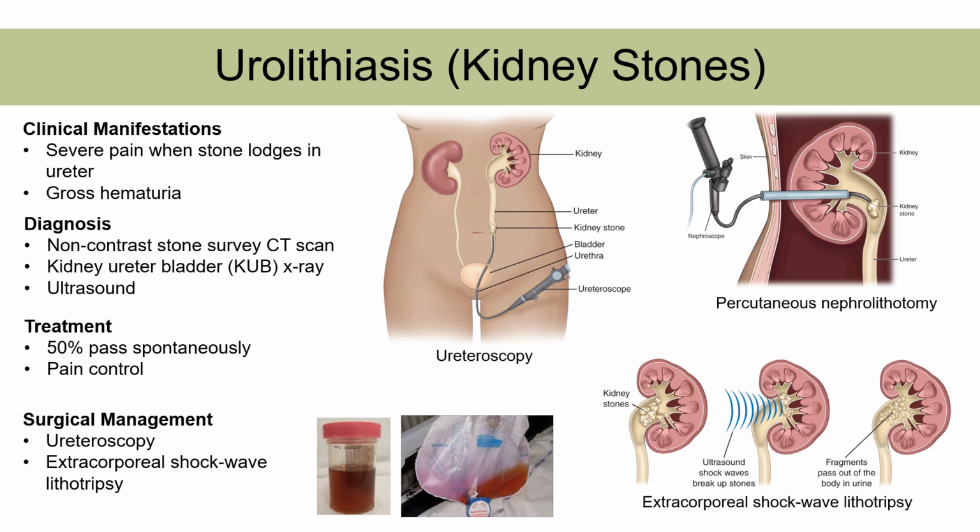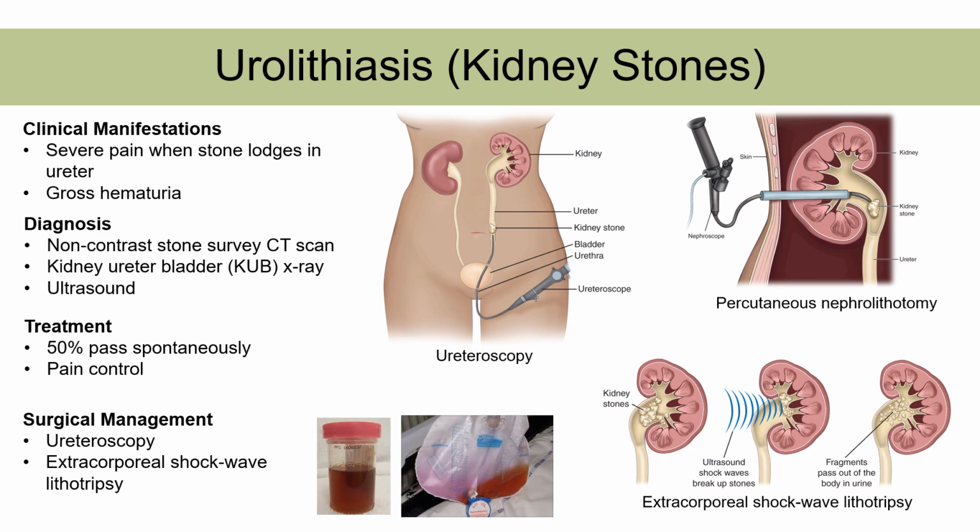But if that stone doesn't pass after 4 to 6 weeks, it may get worse. It may start causing the obstruction, that backflow of urine. So that's when the patient will need some type of surgical intervention, something more invasive.